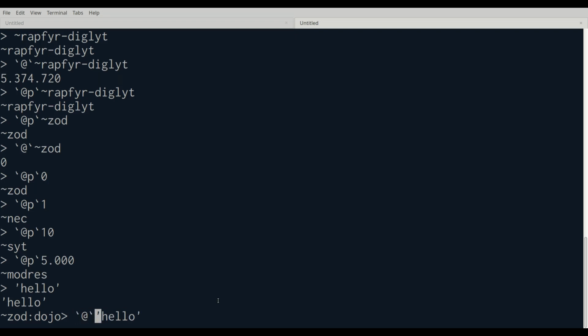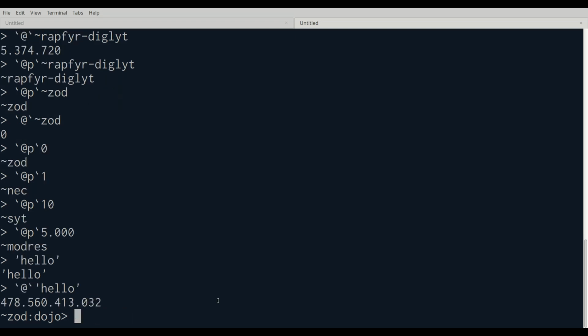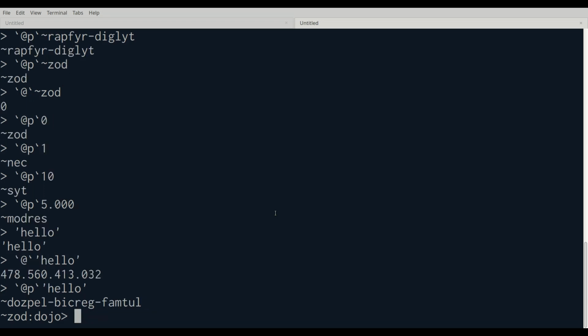However, if we cast that to an atom, we can see the full number, the actual underlying data that we're interpreting as a cord for the word hello. We could even cast that into a @p and see that we get what is essentially nonsense, but we're able to transition this data from one type to another pretty seamlessly.